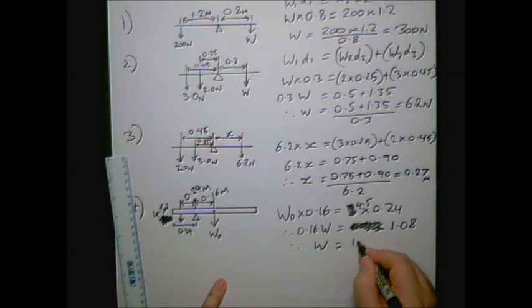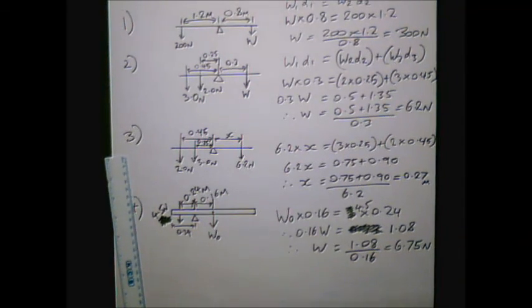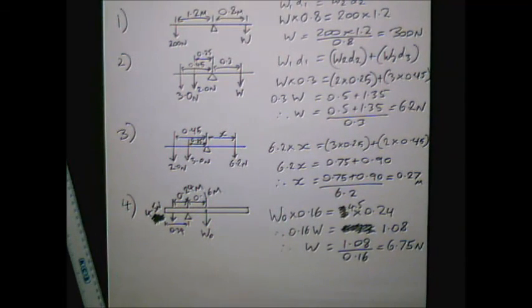W is equal to 1.08 divided by 0.16, which is equal to 6.75 newtons. And that's the answer to all the questions from section 7.3.